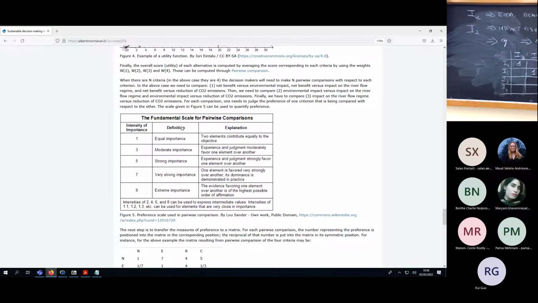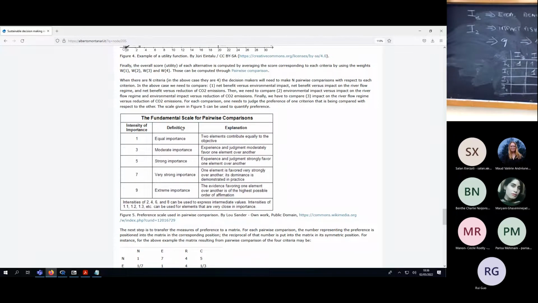So we really care about I2, I3, and I4, and we don't care much about I1, okay? And then what should come out is that if the matrix is consistent, we should express a preference for the minimum of the alternatives. Okay, so if I compare I1 with I2, let's put 1.